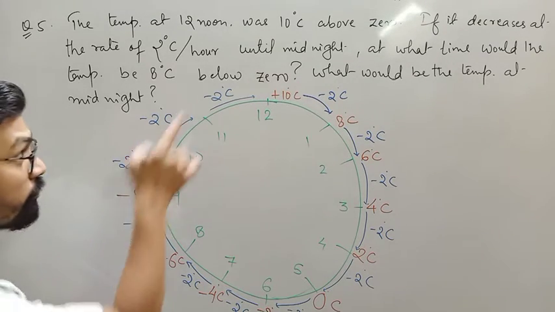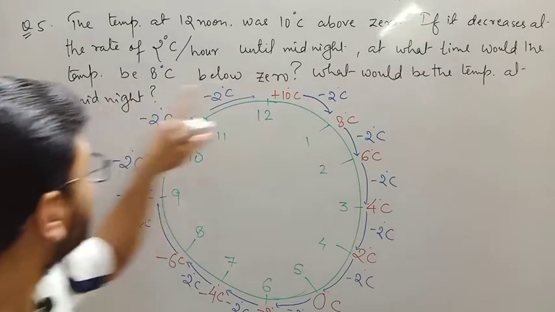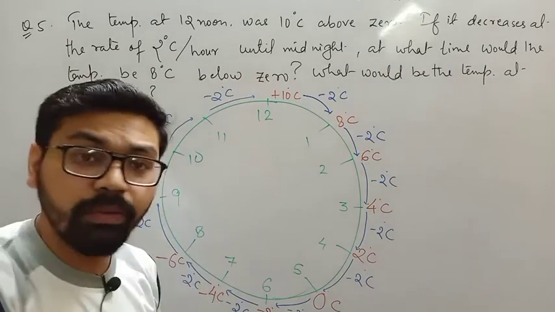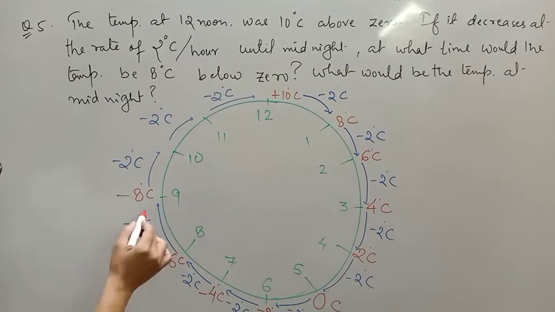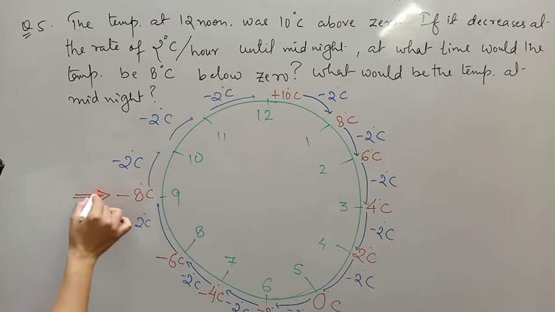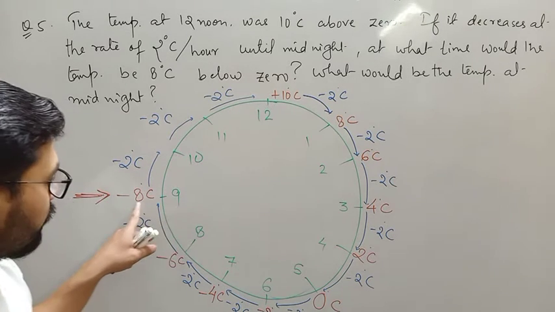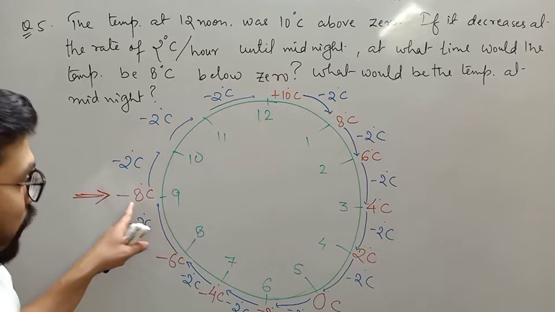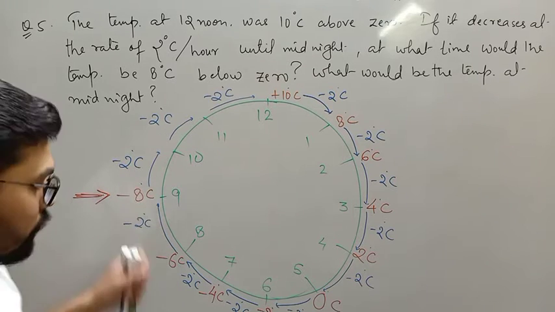Your first answer: at what time would the temperature be 8 degree Celsius below 0 degree? That means this is your first answer, the required answer. At 9 pm the temperature is minus 8 degree Celsius, or you can say 8 degree Celsius below 0.